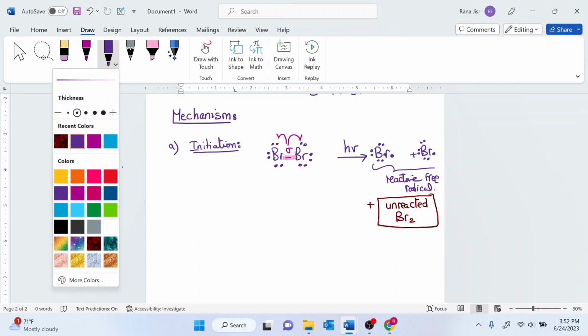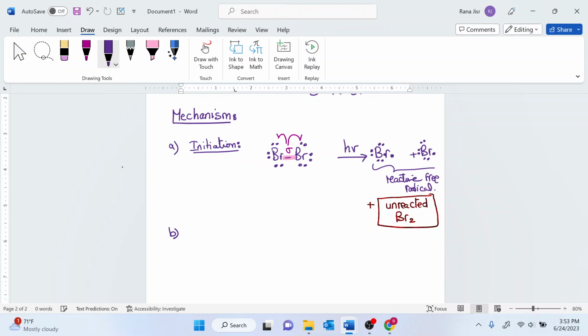The next step in the reaction is called propagation. And propagation is the step where you form your product. In the initiation, you form the reactive free radical that is going to start the reaction.